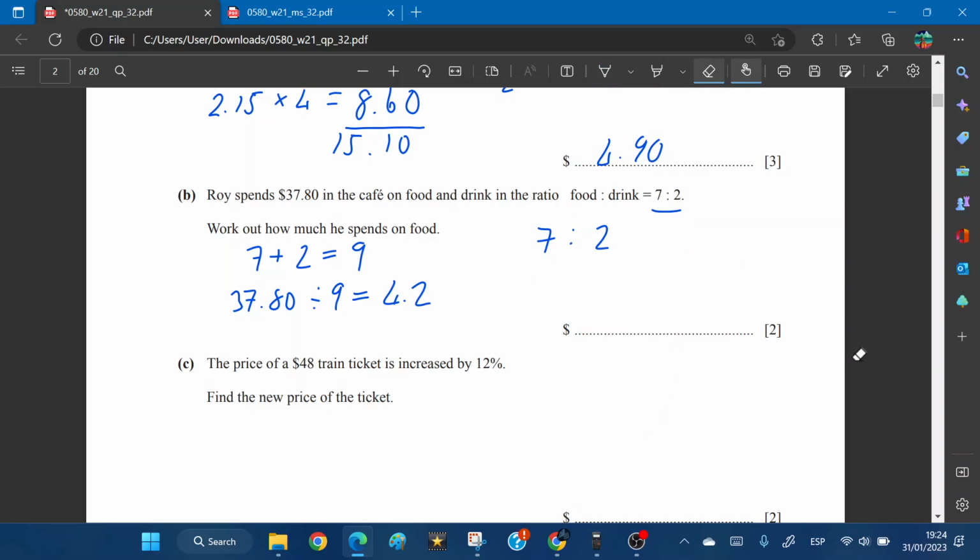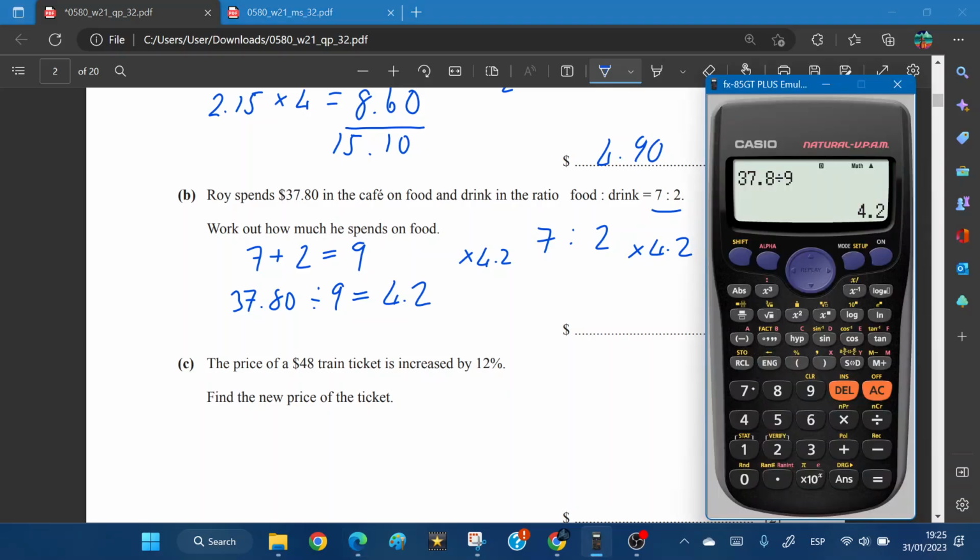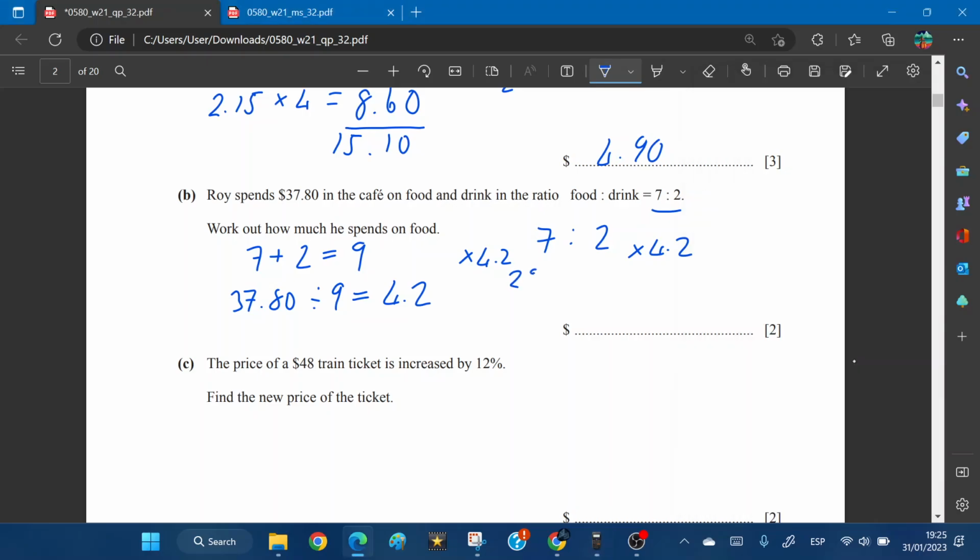This is all irrelevant information. So what we're going to do is multiply this ratio by 4.2. Okay, so 7 times 4.2 will be 29.4, 29.40. And 4.2 times 2, that will be 8.4.